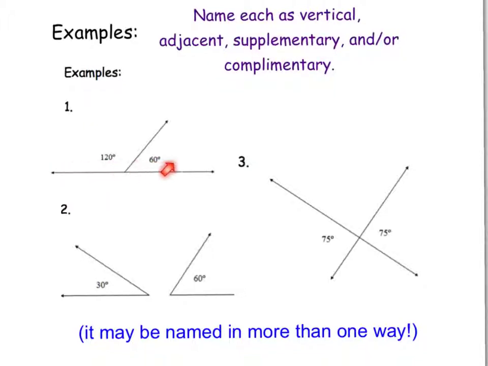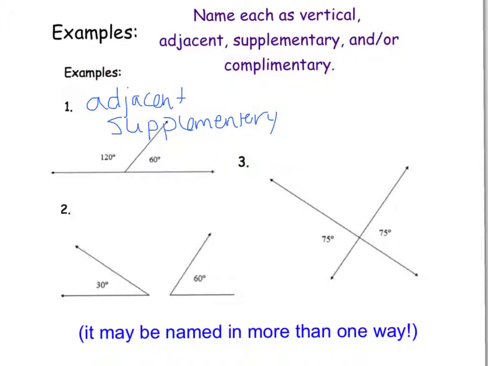And they also are right next to each other and form a straight line. So these two angles are also adjacent. So the answer to 1, you would put adjacent, supplementary, or you could put supplementary, adjacent, but you do need both of them.